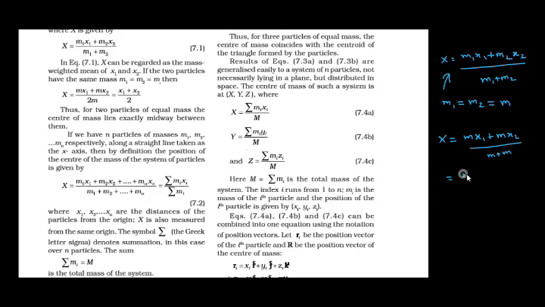We can take m common, so x1 plus x2 upon 2m. So m gets cancelled. So X is equal to x1 plus x2 upon 2, the center of mass in this case is the middle point, or midway.